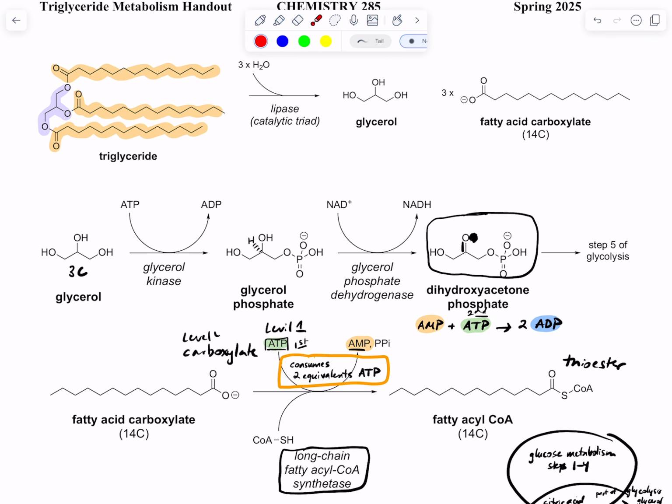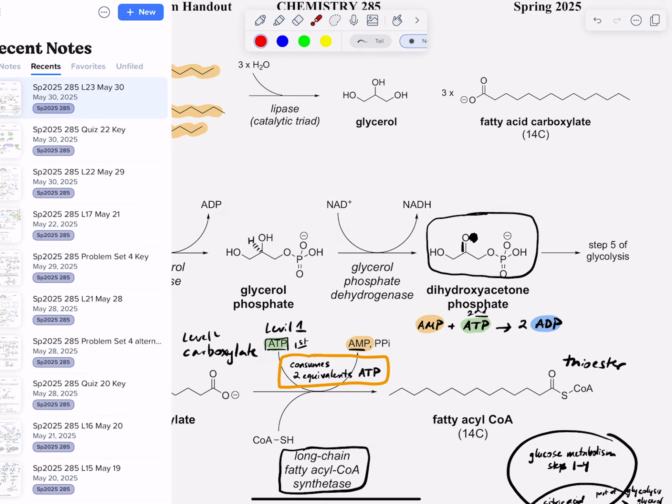Well, done with it, no. You're right that you get to the dihydroxyacetone phosphate, and I'm saying that can be processed in the 5th step of glycolysis. So you'd have to go back to your glycolysis handout and see what happens to dihydroxyacetone phosphate. So no, that's not an end product.